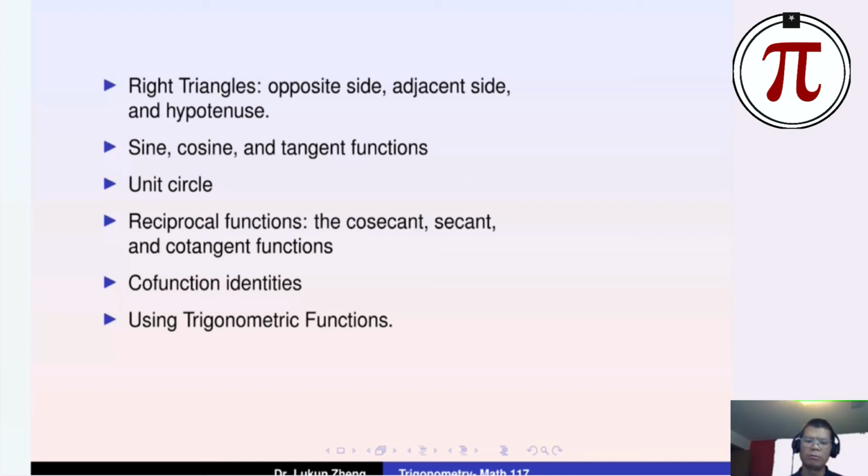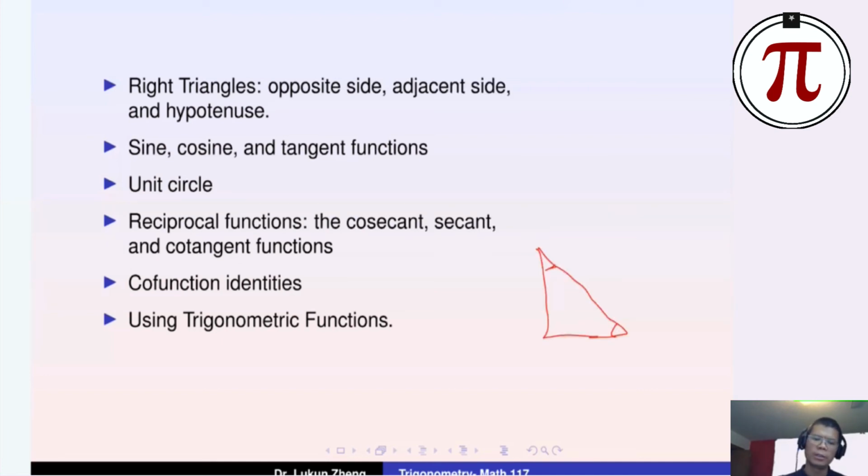So you first find the complementary angle, pi over 2 minus theta. In a right triangle, the two acute angles are complementary to each other, right? So the sine of one equals the cosine of the other. Okay, that's the cofunction identities.